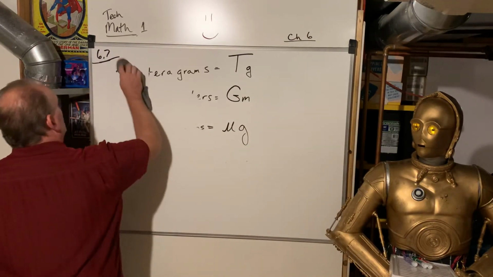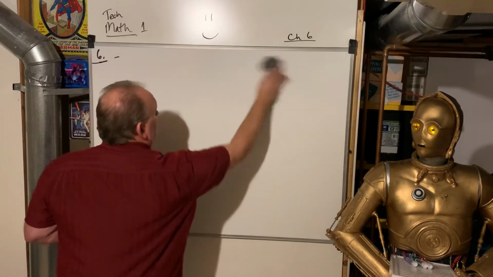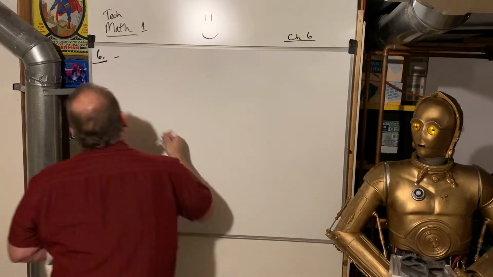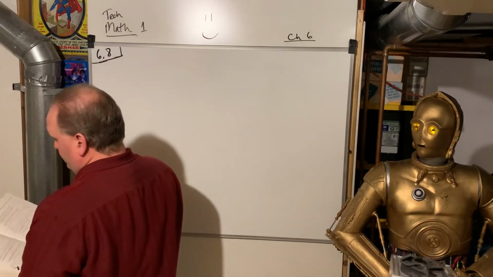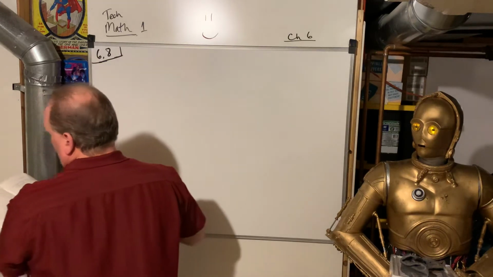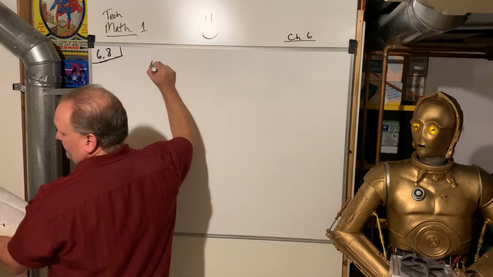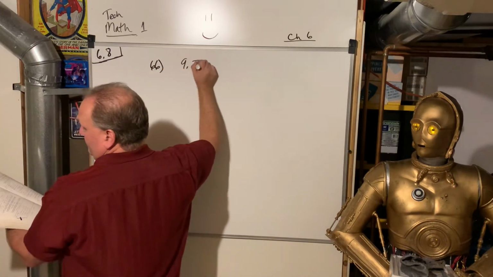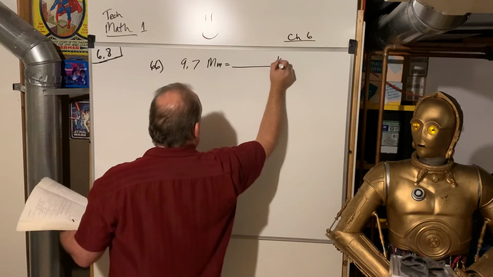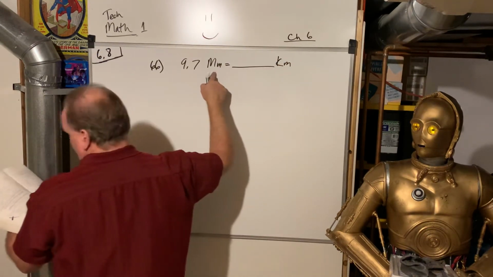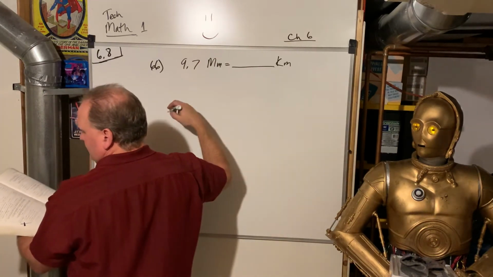All right, let's look at 6-8. 6-8 is transforming. Okay, so here we go again, and we did these before: 9.7 megameters and 2 kilometers. It's just we didn't have the biggies there.